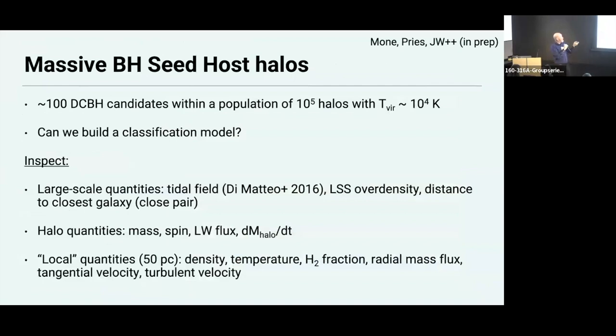But the question is, can we build a classification model to actually identify these direct collapse black holes? Because we have around 100 candidates in a population of 10 to the 5 halos. So we inspected these large-scale quantities like the tidal field that Tiziana has looked at before, overdensity, distance to closest halo, mass, spin, Lyman-Werner flux, the growth rate, and local properties as well.